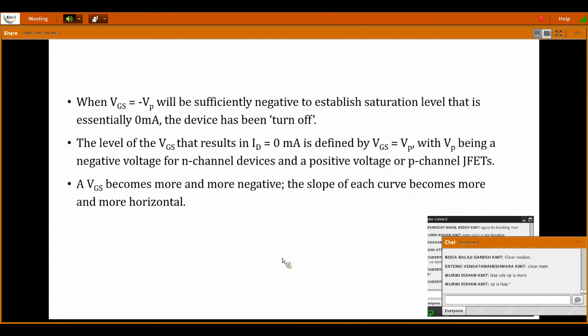And I have already said, using this drain characteristics, you can also turn off the device. You can switch off the device by varying VGS. See here, when VGS is equal to minus VP, it will be sufficiently negative to establish the saturation level, that is essentially 0 milliamps, and the device has been turned off.